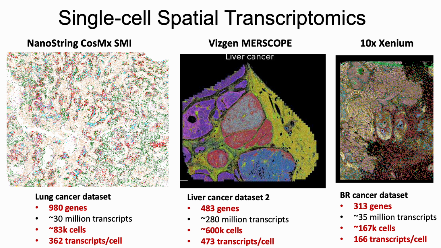Totally, there are about 600,000 cells on this tissue slice. And Xenium also released a breast cancer dataset that covers 313 genes, with about 167,000 cells on this tissue slice.